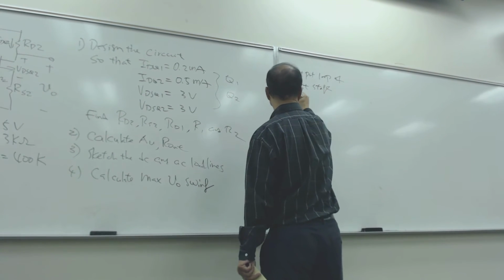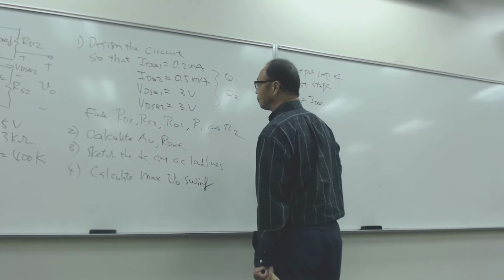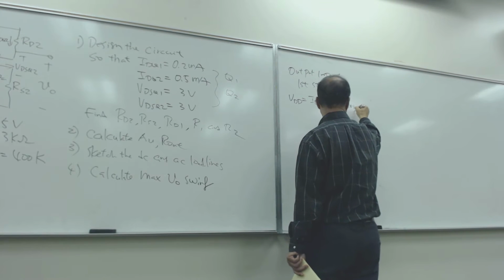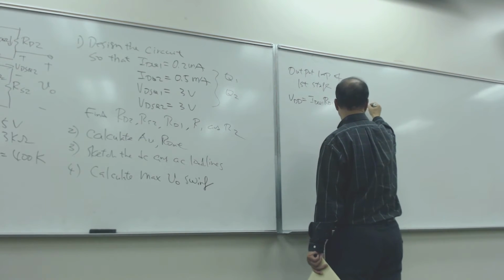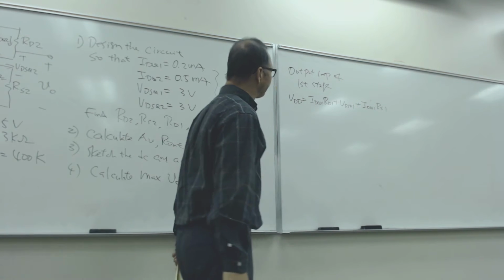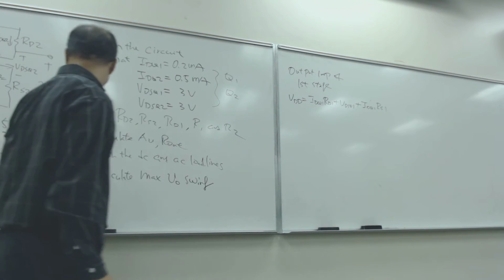Okay, so you have VDD equal to IDQ1 RD1 plus VDSQ1 plus IDQ1 RS1. Yes? And again, we are always looking for one equation and one unknown. Yes? Okay.